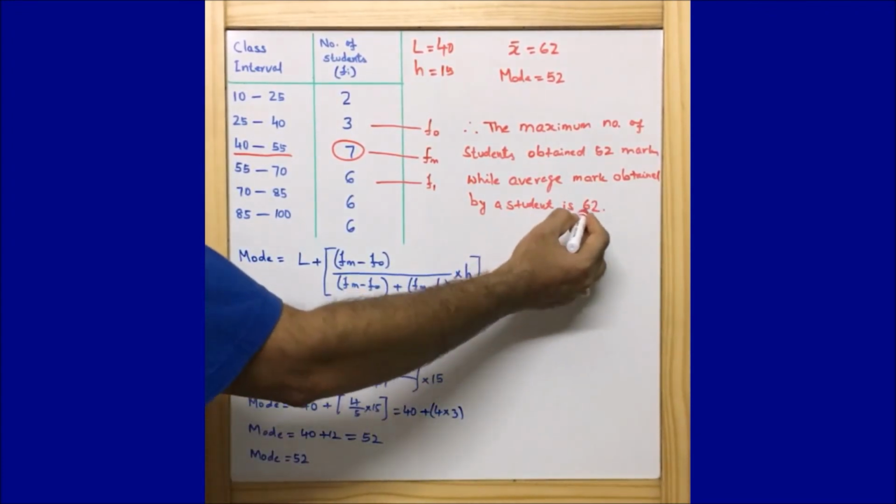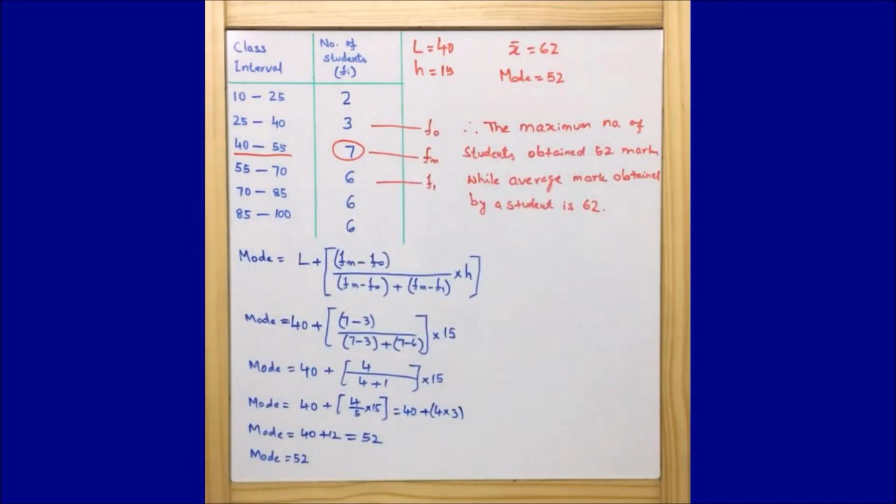So this is the mean, 62, and 52 is the mode. That's all guys. This is what we need to write at the end of the answer, because this is required.